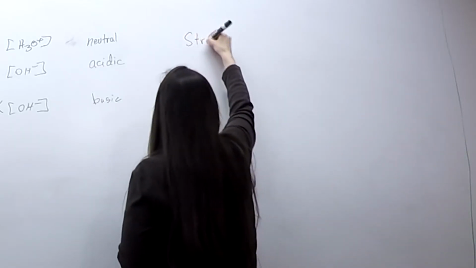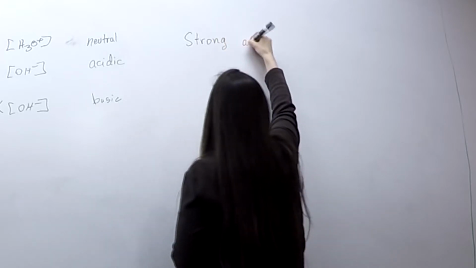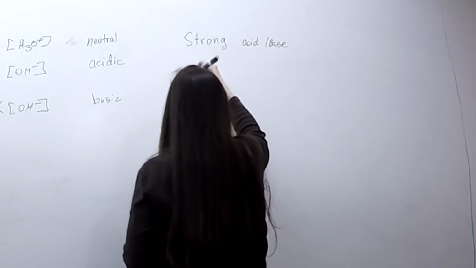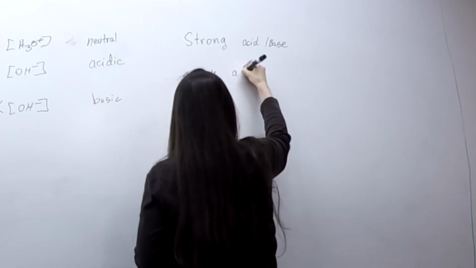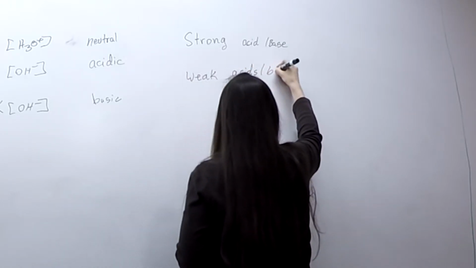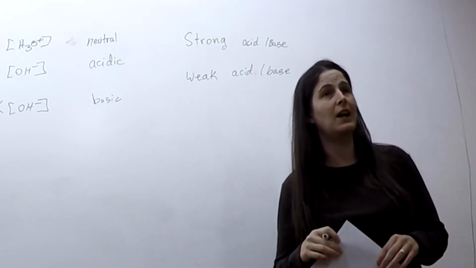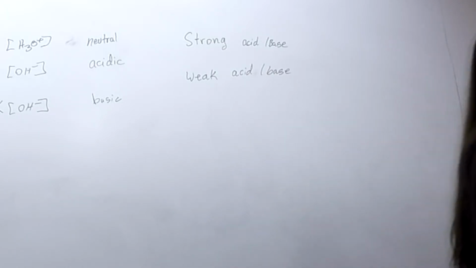We're going to do the same thing with our acids and bases, is that we will have strong acids and bases and we will have weak acids and bases, all right? And they go pretty much by the same definition as the electrolytes, only we aren't worried about it carrying a current.